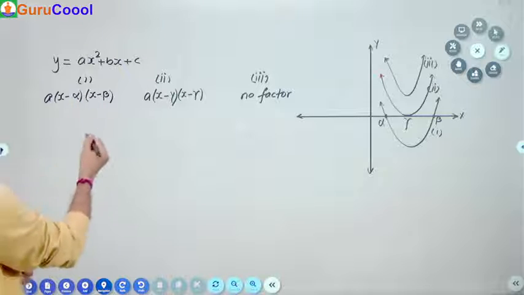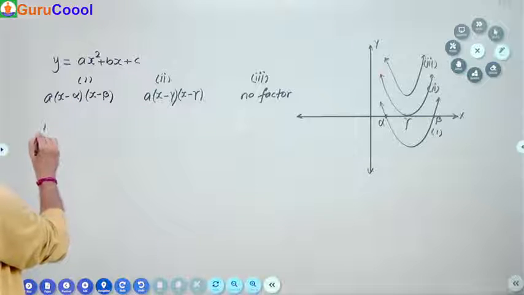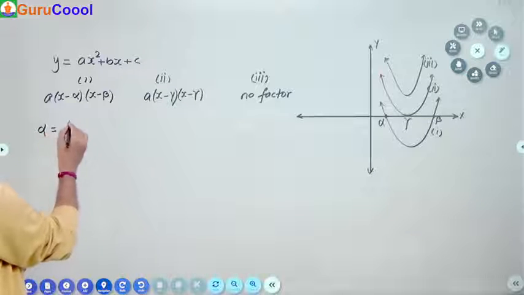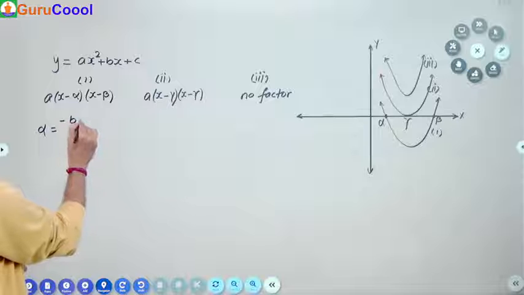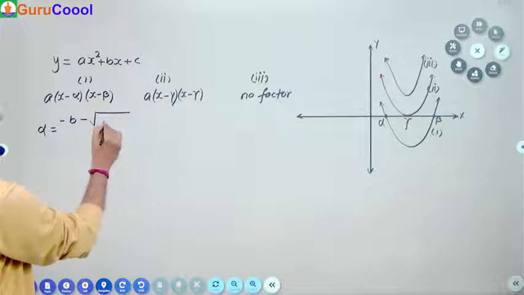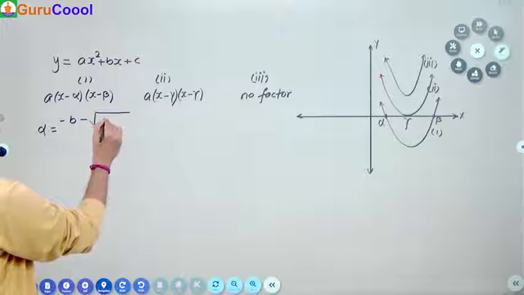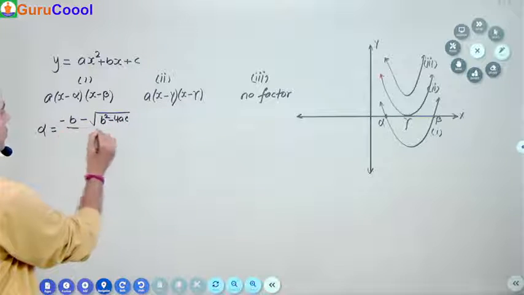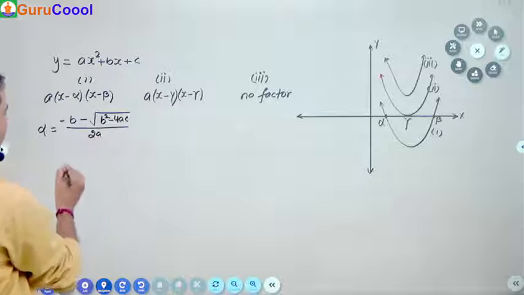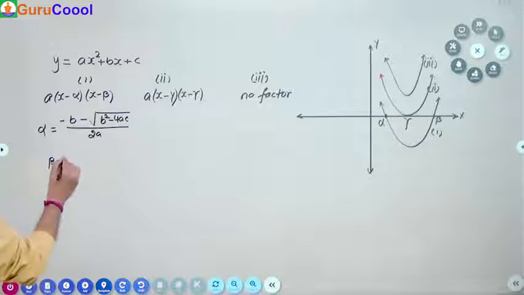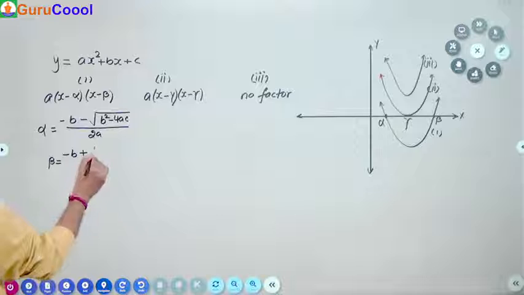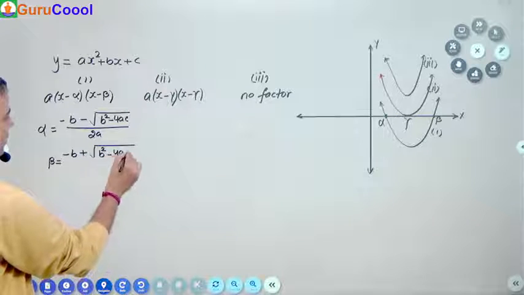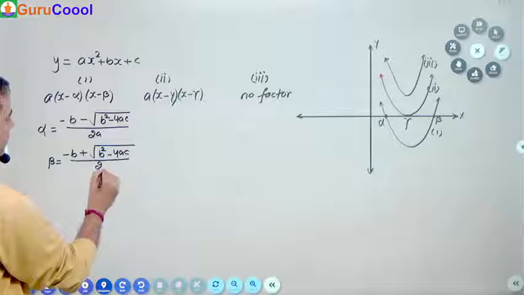In the first case, alpha and beta are respectively minus b minus under square root b square minus 4ac by 2a, and beta is equal to minus b plus under square root b square minus 4ac divided by 2a.